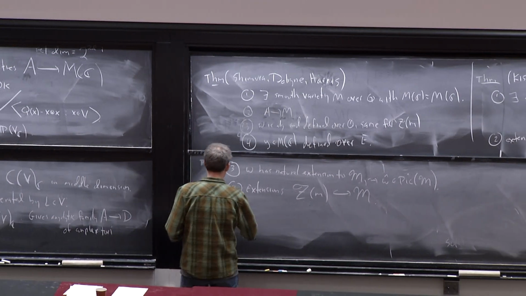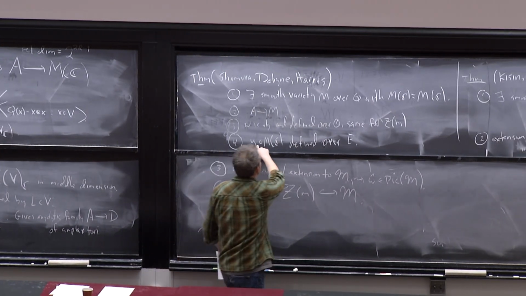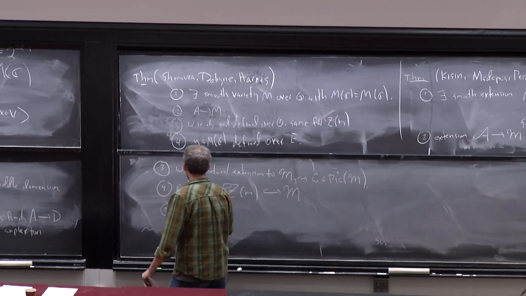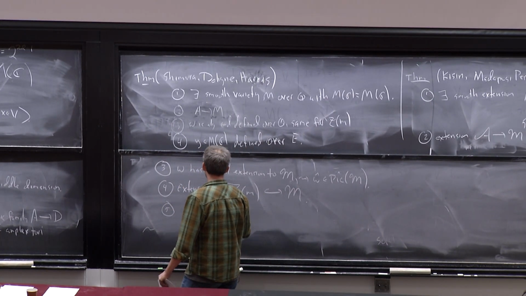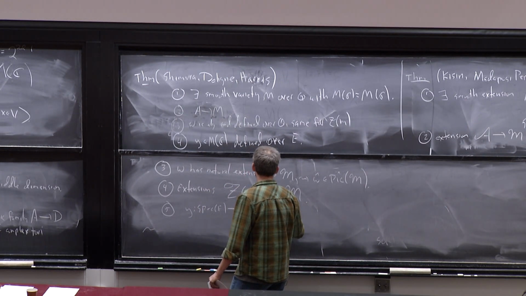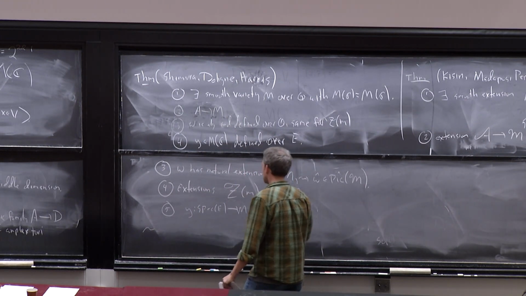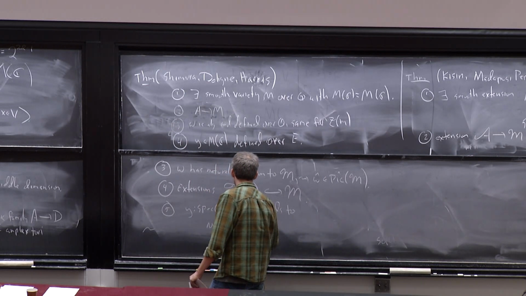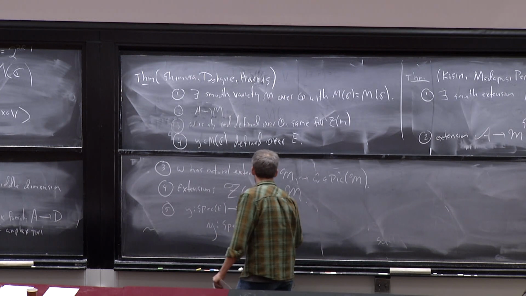And finally, this special point that's defined over E. So Y, I'm going to think of as a map from spec E to M, and it extends to some script Y from spec O_E to the integral model.